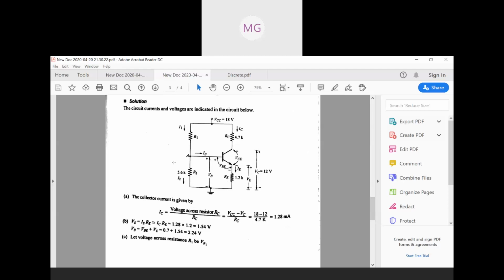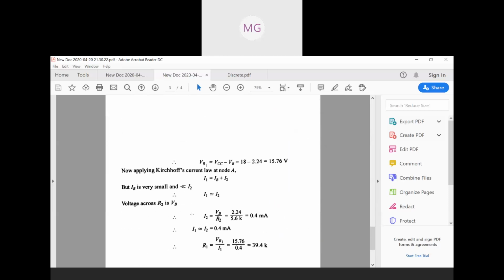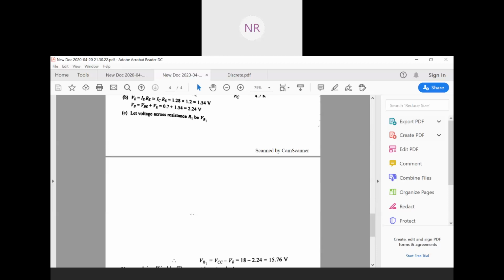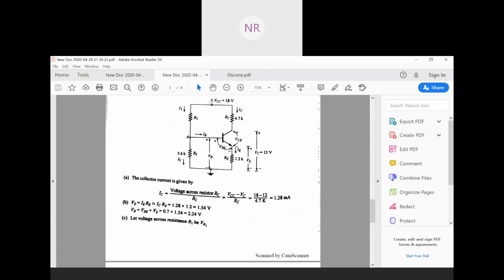Now calculate what is the resistor value R1. For that, you need to know what is the current flowing here. So I1 you need to calculate. Or else they have mentioned voltage across R1 is VR1. So VR1 is nothing but VCC minus VB. Voltage across R1 can be calculated as the potential difference between the two ends of that resistor.